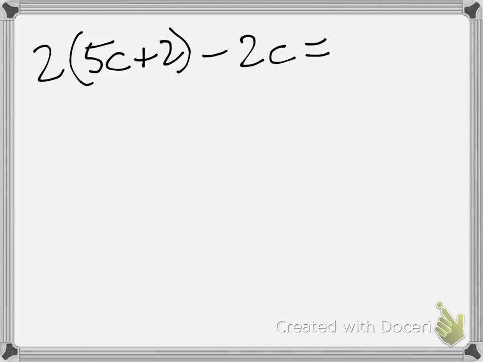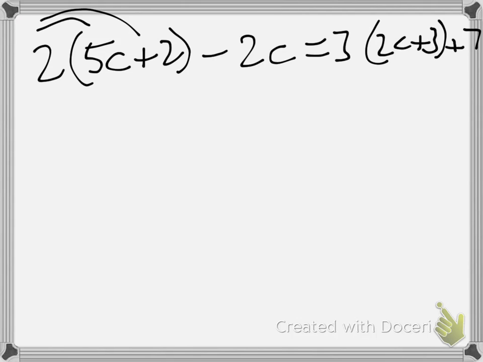For example, in your notes you have this problem: 2 times (5c plus 2) minus 2c equals 3 times (2c plus 3) plus 7. Now obviously there are several steps to complete this. The first thing we want to do is distribute. So 2 times 5c is 10c. 2 times 2 is 4.